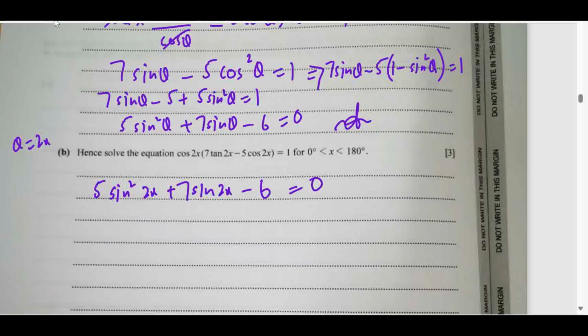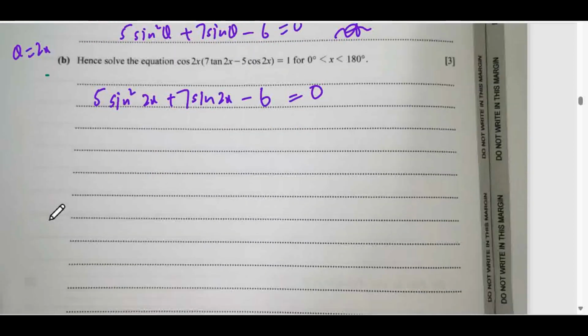Now from here we can make it quadratic. So let a is equals to sine of 2x. So a square will be equals to sine square of 2x. So finally, we are converting it into the quadratic one.